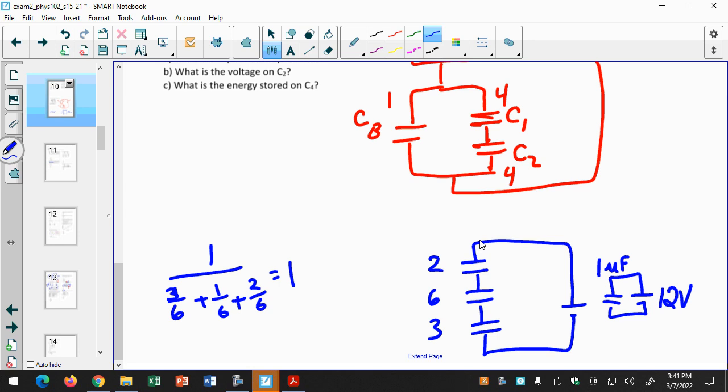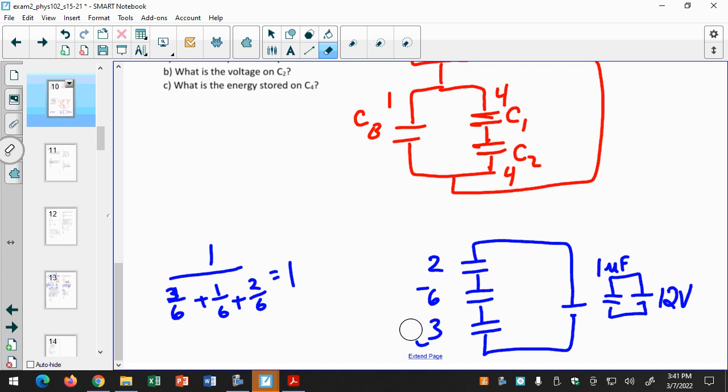Oh, yeah, that's clever. I like that. Y'all see what they did? Because they know a 6 and 3 in series is 2, they just make that into a 2, and then they combine the 2 with the 2 to get 1. That's clever, y'all. But you can do it in your head, right? You don't have to go over and do it.